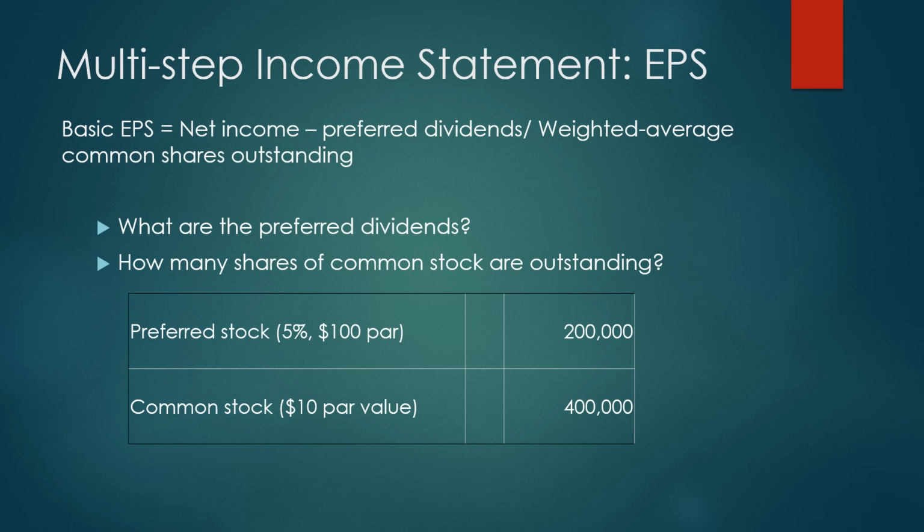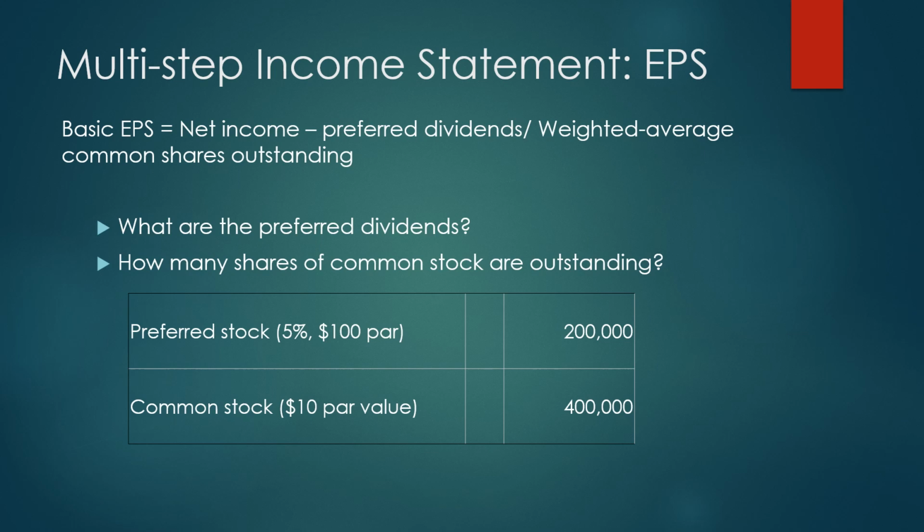On your multi-step income statement, you're also going to be reporting earnings per share, both basic and diluted. Basic EPS is net income minus preferred dividends divided by the weighted average common shares outstanding. Preferred dividends have a preferential right to dividends, meaning that they're going to receive dividends before the common shareholders do.